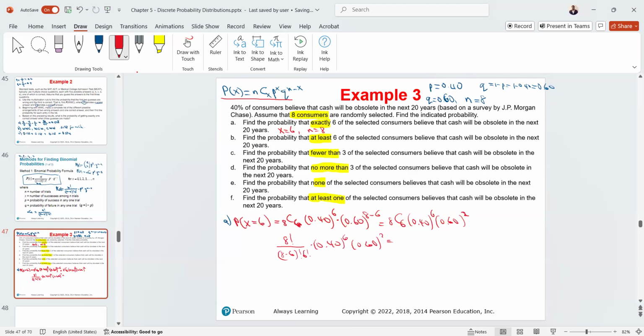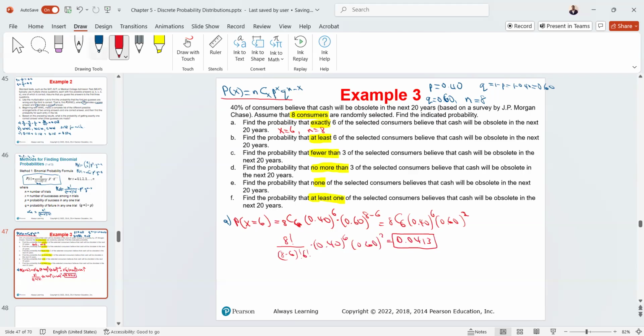Remember, nCx or nCr on your calculator is not that difficult to find. Of course, you can do it using your calculator. For this one, the answer when you use your calculator would be 0.0413.